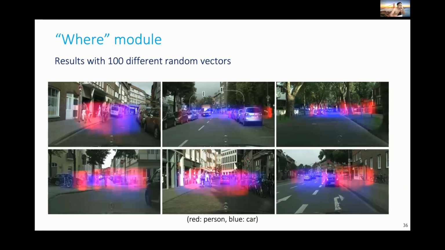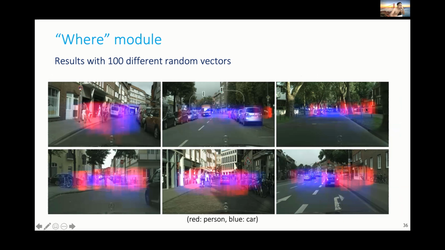So now with this, we are able to generate the position, and we can train the where module to insert an object at the right position, at different positions and at different scales. And we can insert both cars and humans.